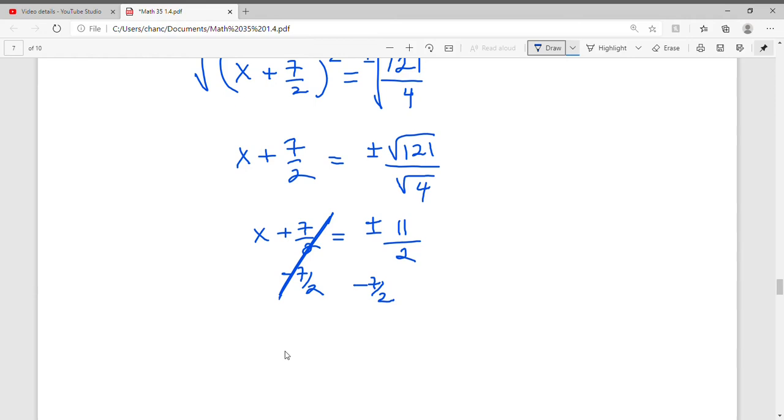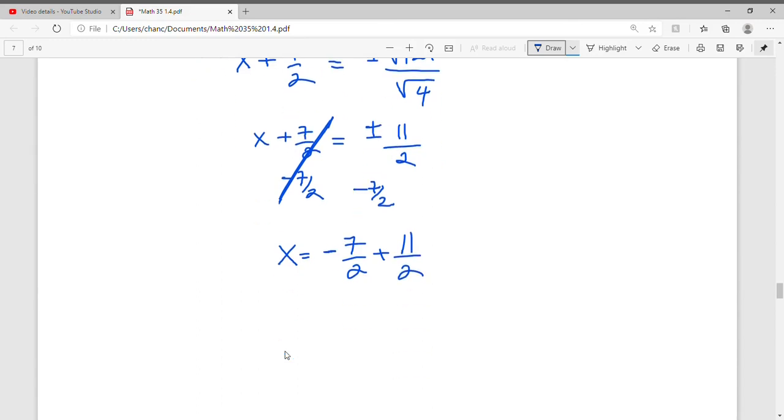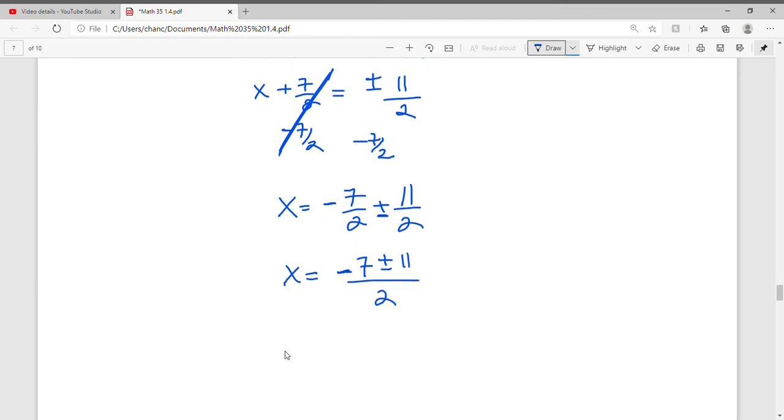This cancels out. x equals negative 7 over 2 plus 11 over 2. That can be simplified, so let's add them up as negative 7. I forgot the plus or minus symbol. Don't forget that. So that's a plus or minus 11 over 2. And now I could simplify this as x equals negative 7 minus 11 over 2, or x equals negative 7 plus 11 over 2.